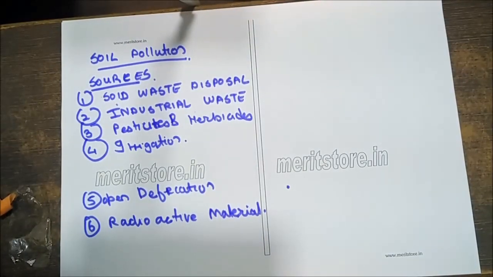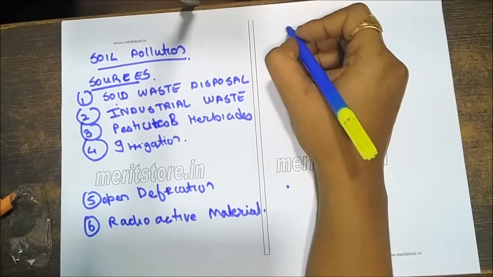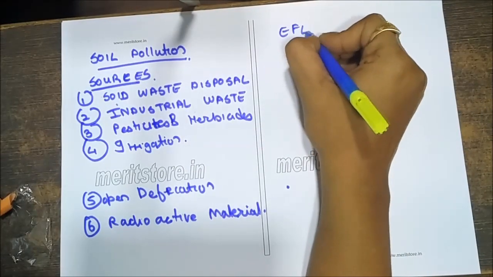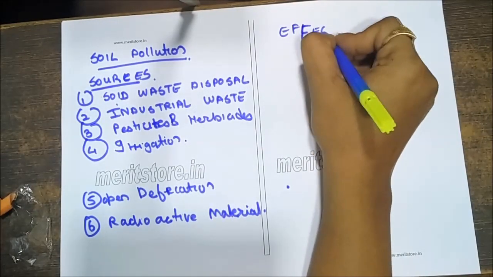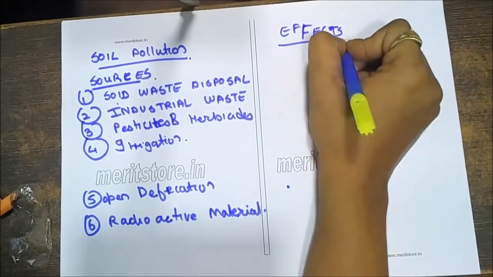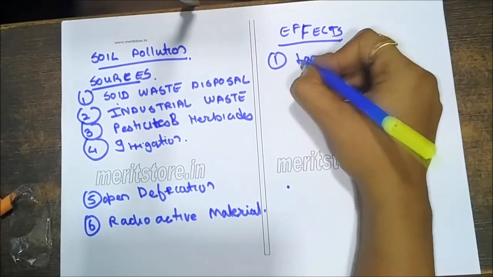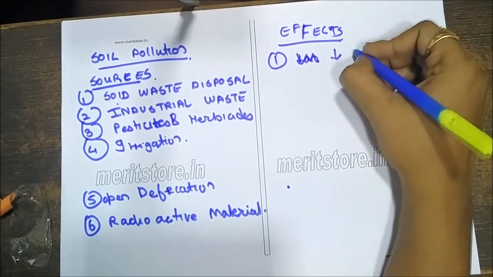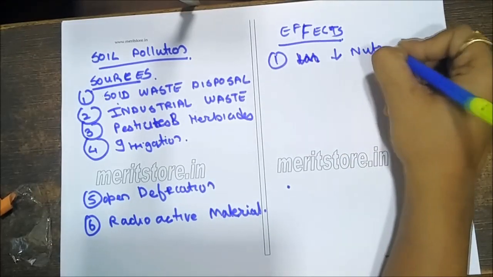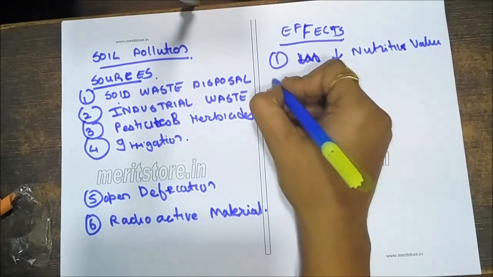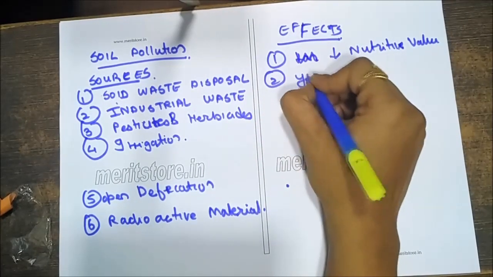Alright. What are the effects of soil pollution? So it may decrease the nutritive value. Then it will affect the yield of plants.